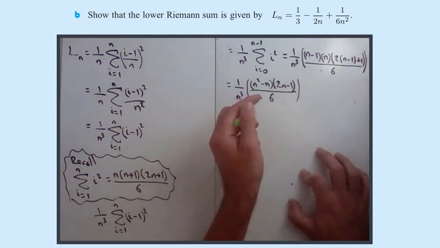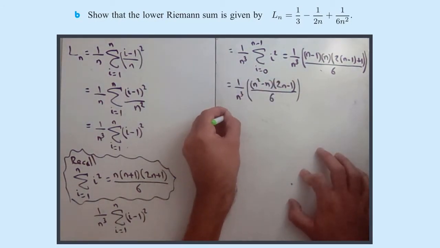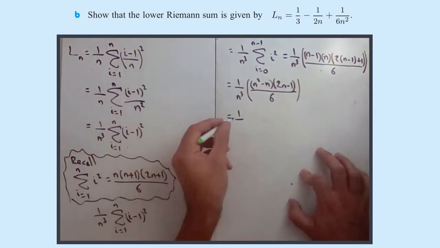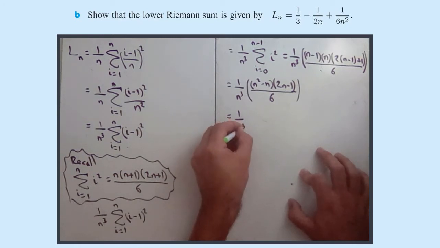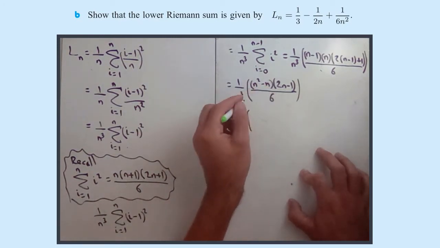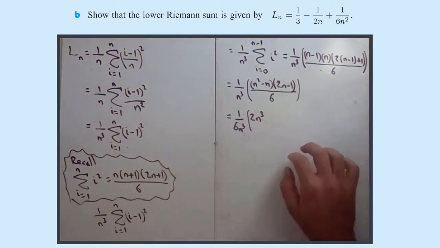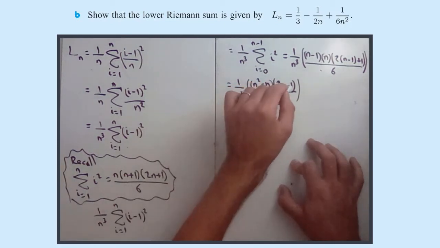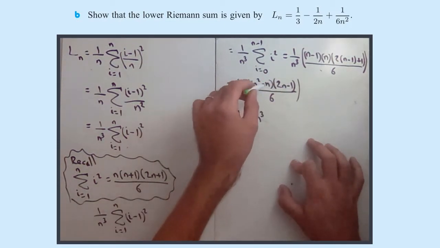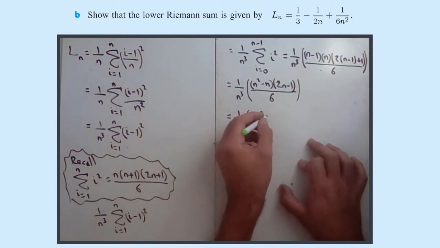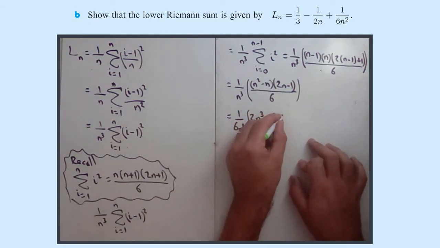Okay, so now I'll expand this bracket. This is going to be equals 1 over n cubed. In fact, I might just pull this 6 out now. 1 over 6n cubed times n squared times 2n is 2n cubed, and then I've got n squared times minus 1, that's minus n squared, minus n times 2n is minus 2n squared, so that leaves me minus 3n squared.